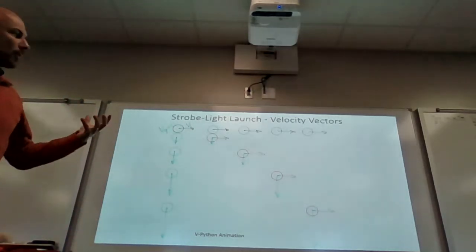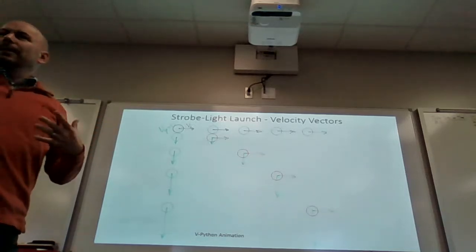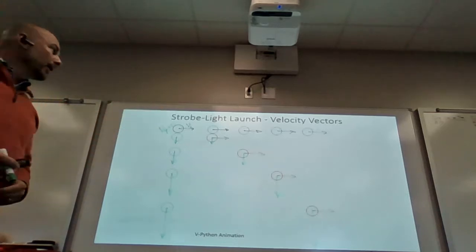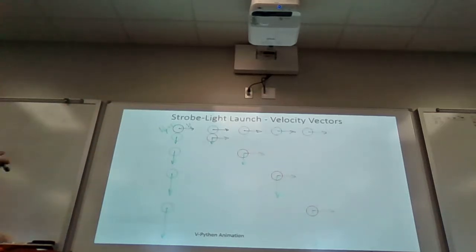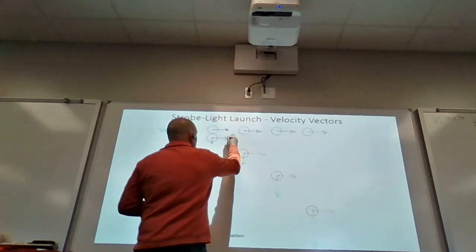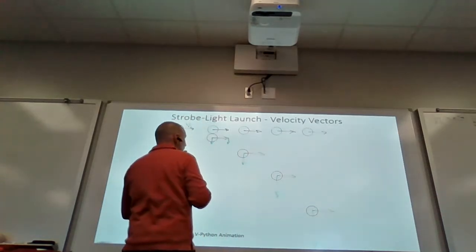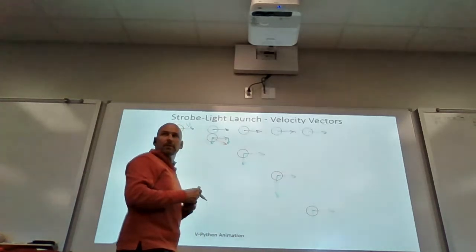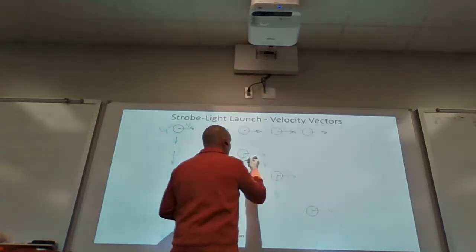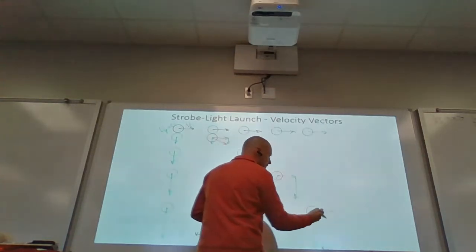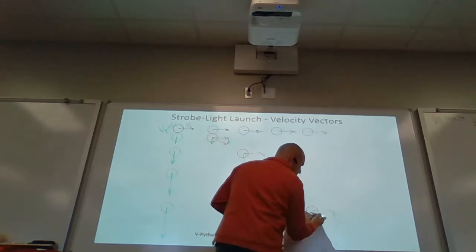Now, if the ball or the car had a speedometer registering how fast it was going as it's going through the air, it wouldn't read the black arrow. It wouldn't read the green arrow. What it would read would be the resultant velocity of the green and the black. Okay? It would read that speed.